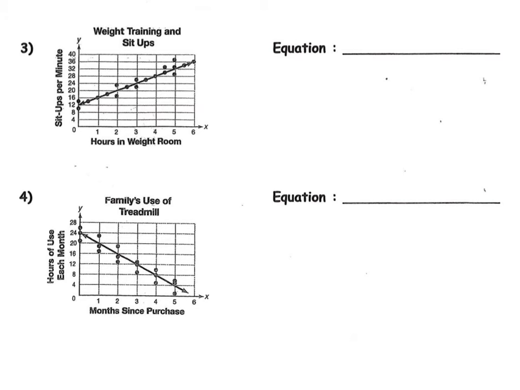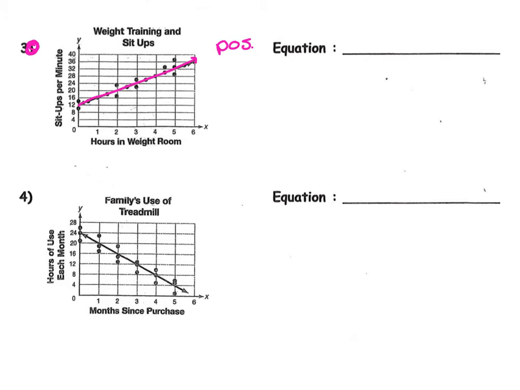In number 3, we're asked to write an equation for the line of best fit. And the same is true for number 4. If you look at problem number 3, you see that it's slanting upward, which means we will have a positive slope.